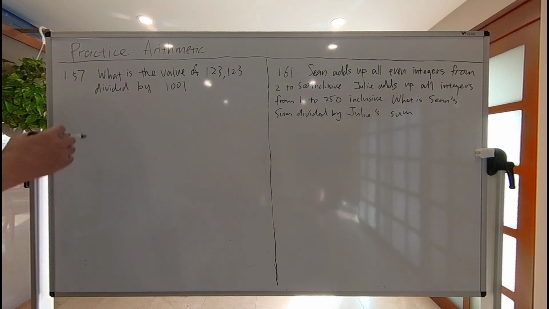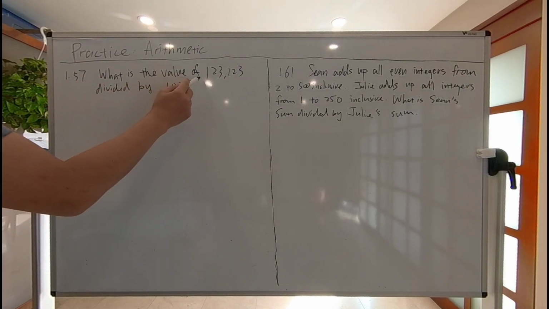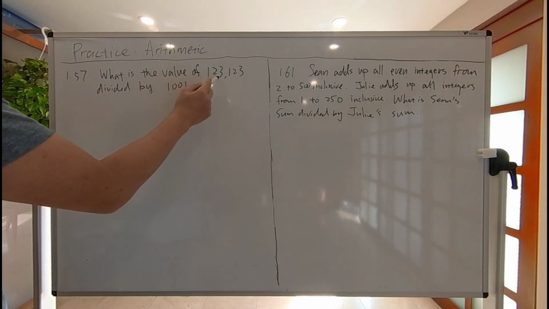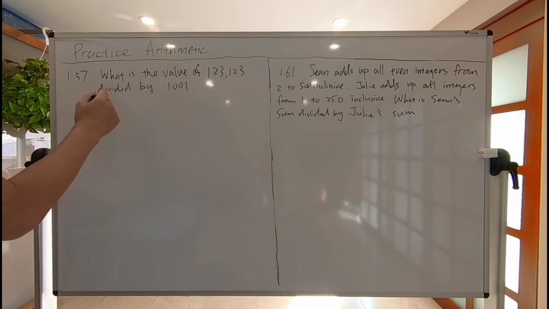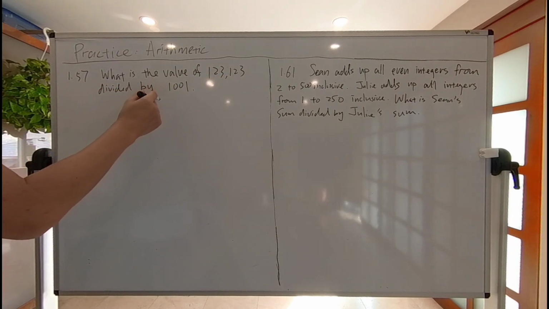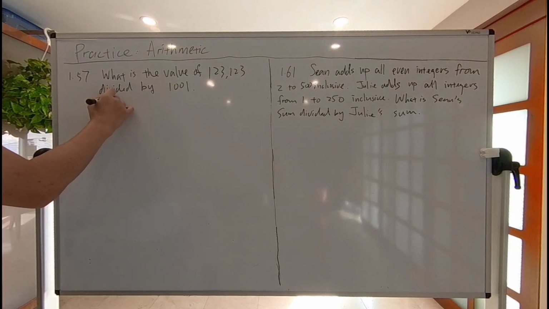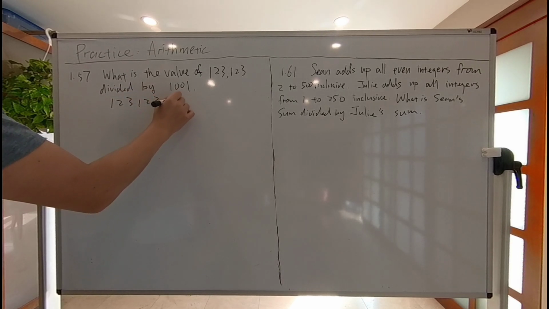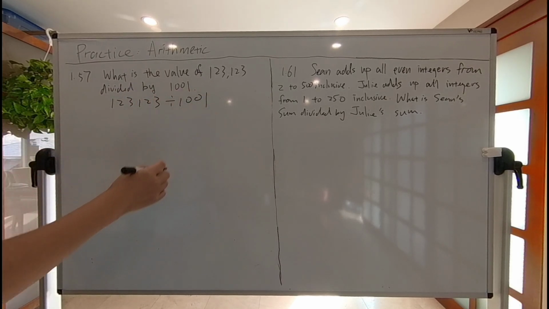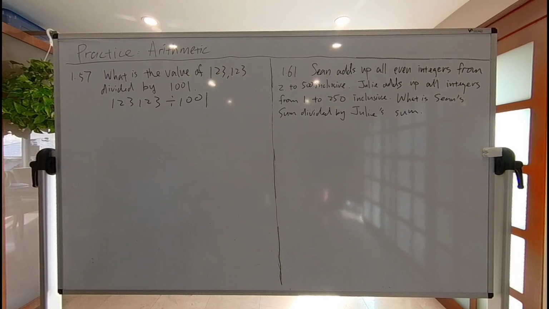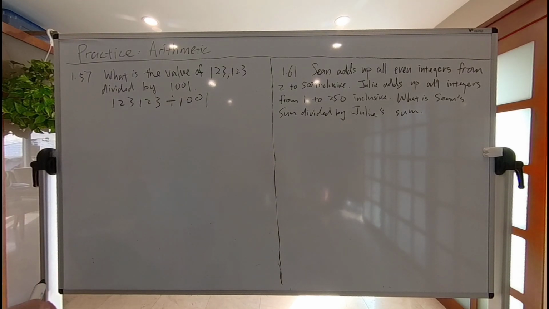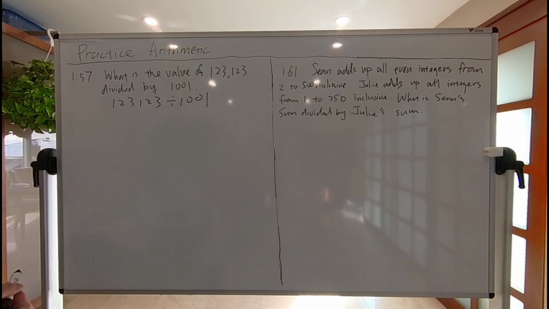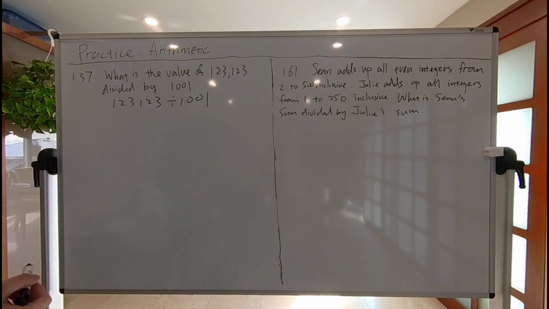Next question. What is the value of 123,123 divided by 1001? In other words, to calculate 123,123 divided by 1001. Of course, if you learned long division, you can just use long division to derive the final answer.